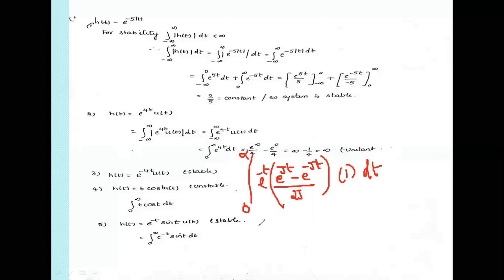So now you can change these values: 1 by 2j into e power, take the minus t as a common, 1 minus j whole divided by, with respect to t, 1 minus j into minus 1.